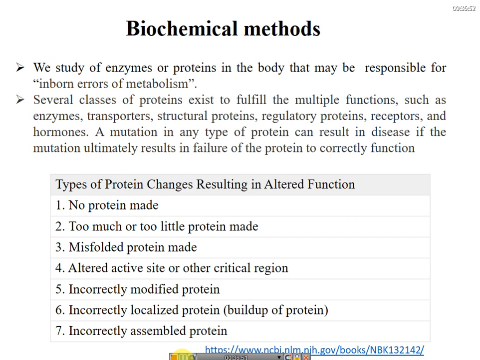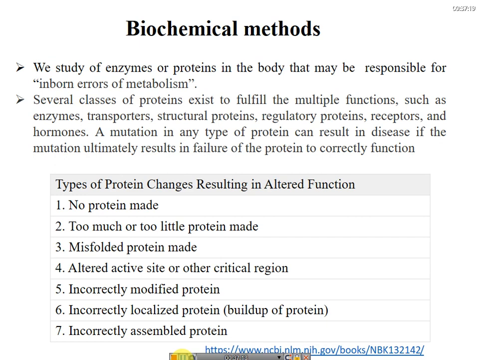A protein may be made in proper concentration, but it is misfolded, it is not functional, or its active site is modified, or another critical region is altered. Or it gets localized into some other region where it is not required, or it keeps assembling incorrectly. So all these reasons can result in the disorder, right?